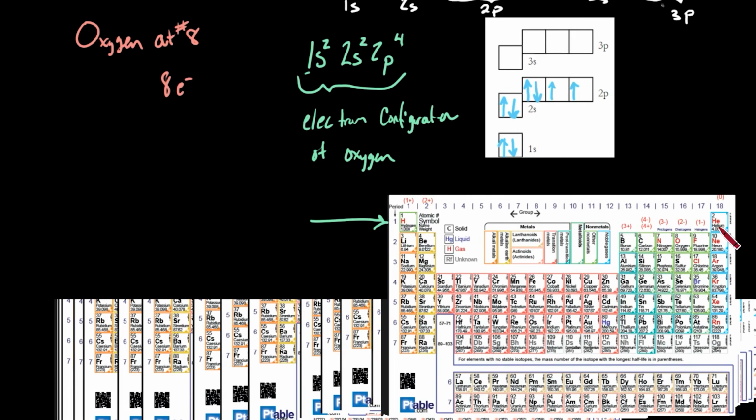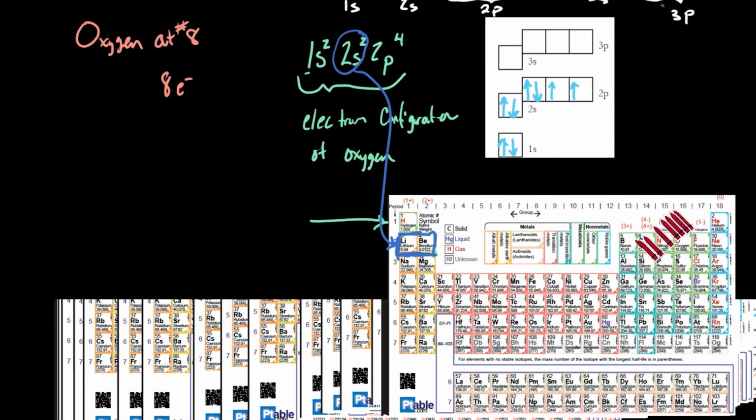Well, this model breaks that up a little bit. We have 2 electrons. These are our 2s2 electrons.